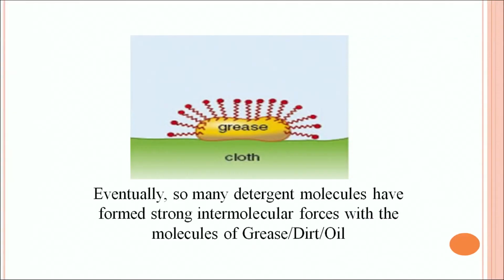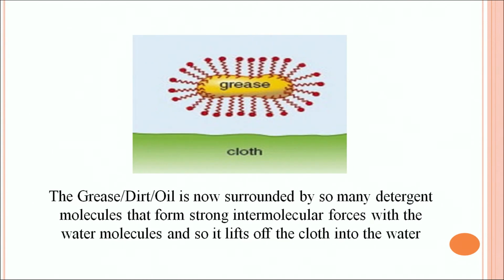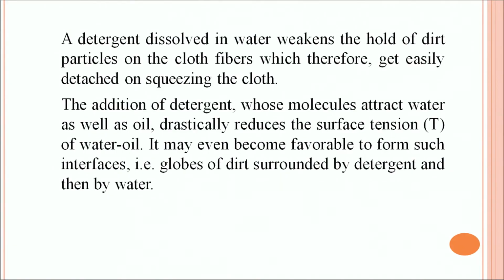So, we can see that many detergent molecules have formed, and once formed, the intermolecular forces increase, so it lifts the cloth into the water. The cloth will be lifted up, but the greasy material will remain in the water in which we are washing. In this manner, the grease has been removed from the cloth.